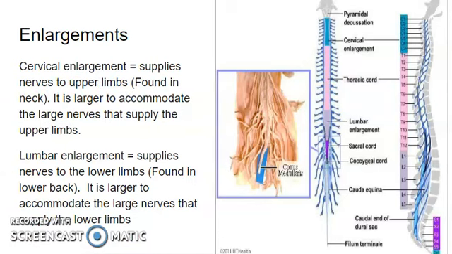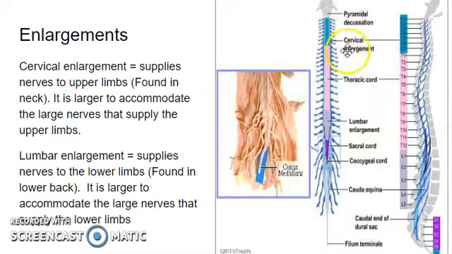All right. So enlargements, there are certain portions of the spinal cord that have very large nerves going into them, and lots of them. And so they need more space in order to handle that amount of nervous system coming into them. And so in this case, you have at the top what is called a cervical enlargement. That supplies the nerves to the upper limbs. And it's actually found in the upper neck right there.